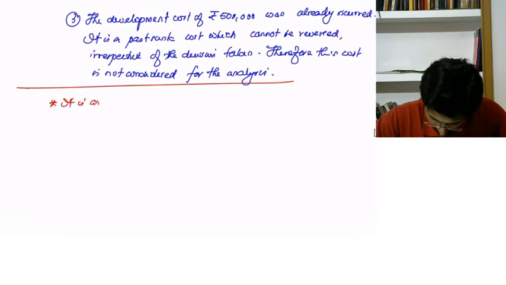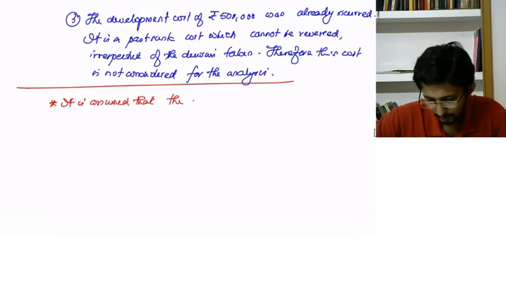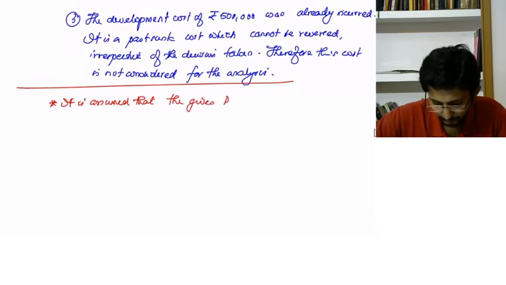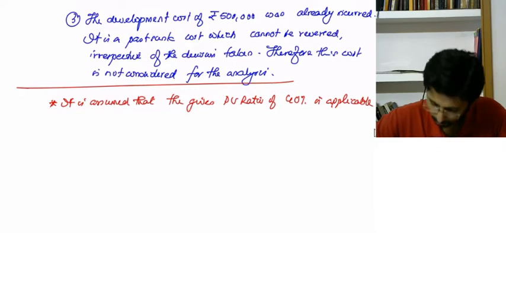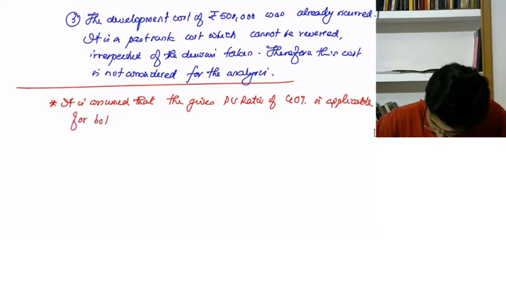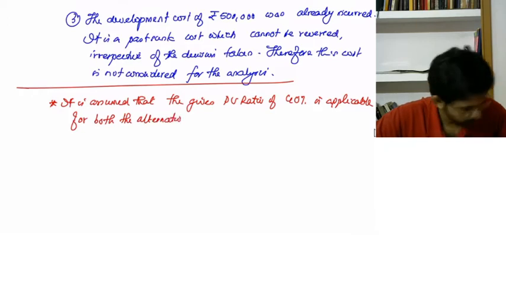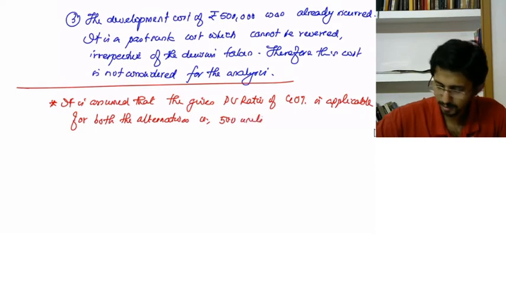It is assumed that the given PV ratio of 40% is applicable for both the alternatives, that is 500 units and 750 units capacity.